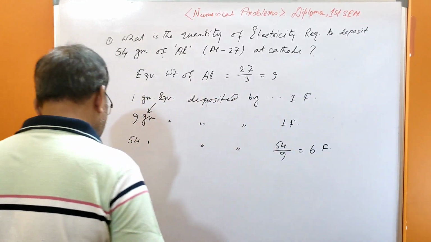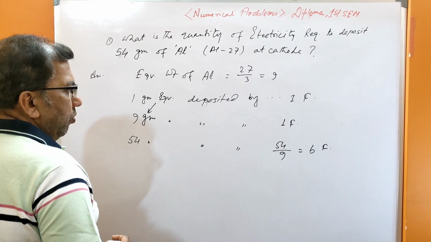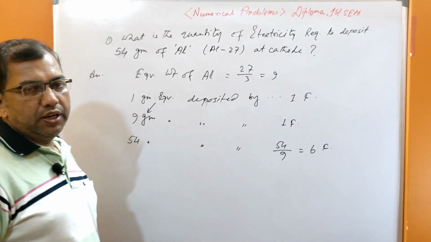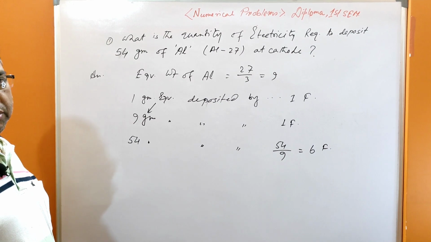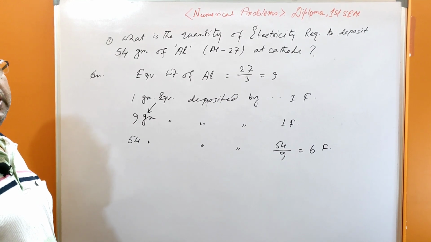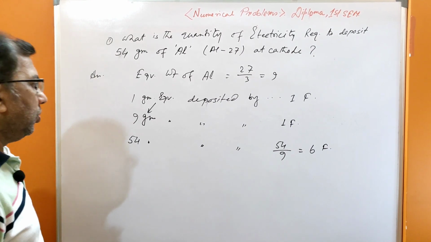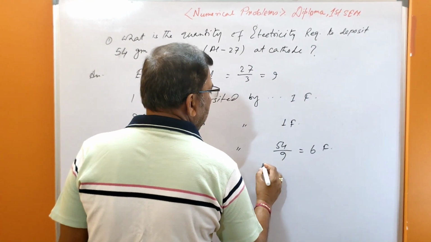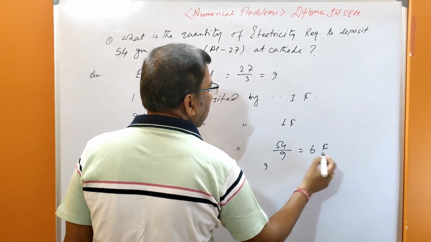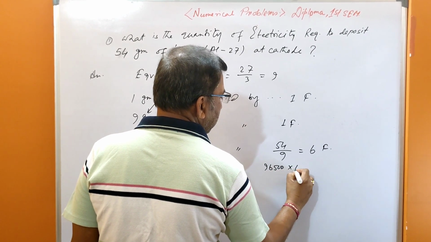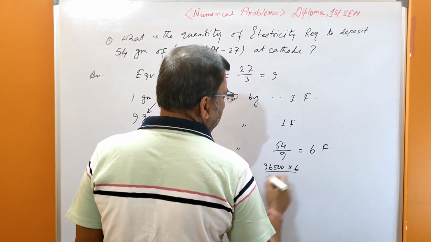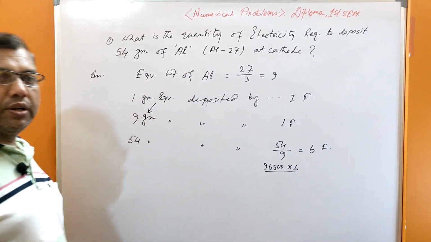This is the answer. So 6 Faraday, or 1 Faraday equals what? 96,500 coulomb. You can write it as 96,500 into 6.